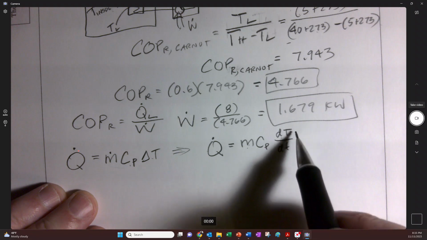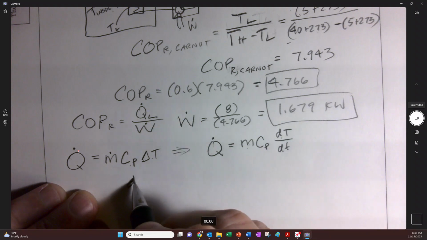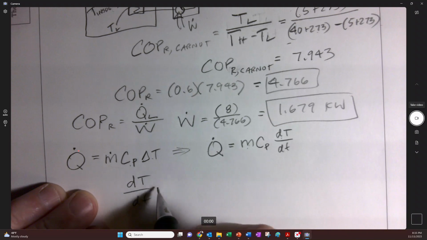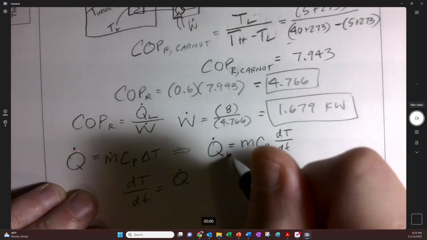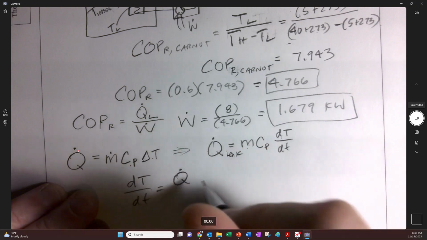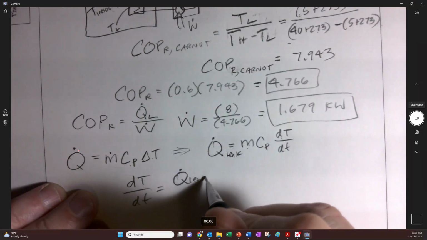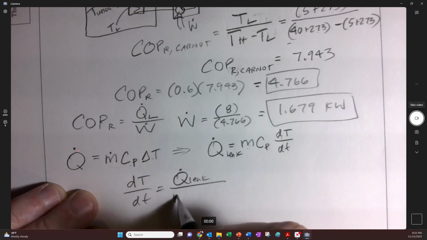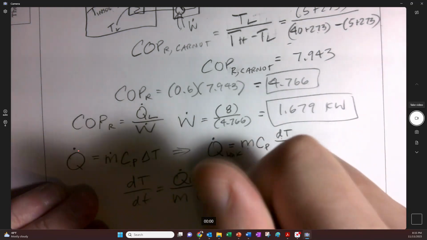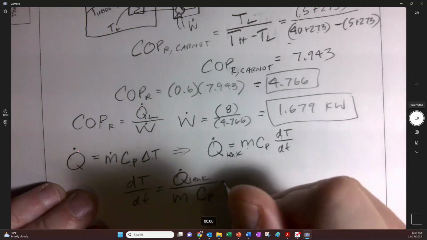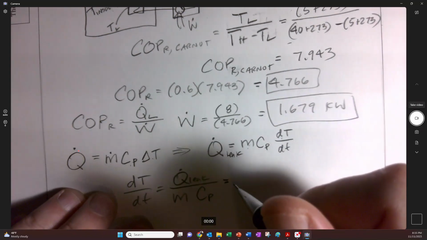Like how quickly does the temperature change? So we write dT is going to be the heat leaking into the house, divided by the mass of the house and the specific heat, or really the heat transfer coefficient of this thing.